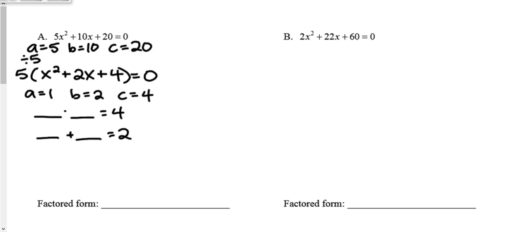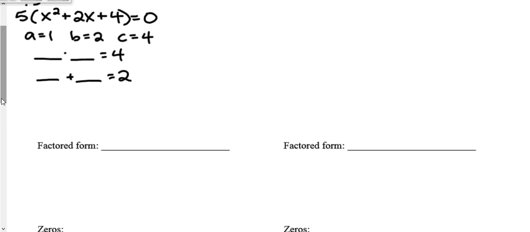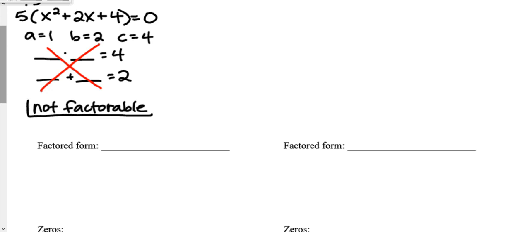So two numbers that multiply to 4 but add to 2. There are actually no numbers that meet that criteria. So the purpose of this problem is to show you that there are problems that are not factorable, which is why we show you complete the square and also quadratic formula, because those always work. This one was not factorable.